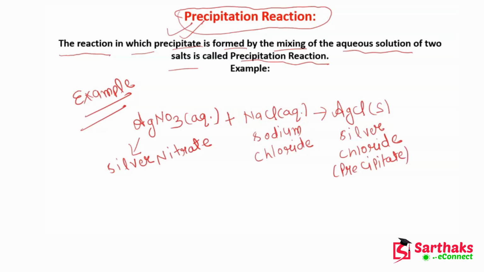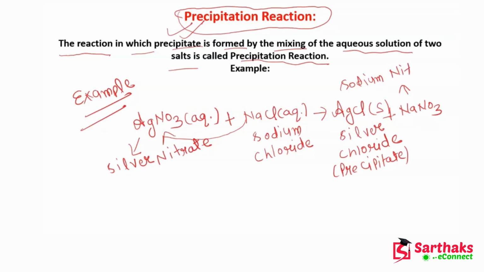You can also see that this is an example of a double displacement reaction, because this Ag has taken the place of this sodium, and now this sodium will take the place of this Ag, and it will become sodium nitrate, NaNO3. Sodium nitrate.